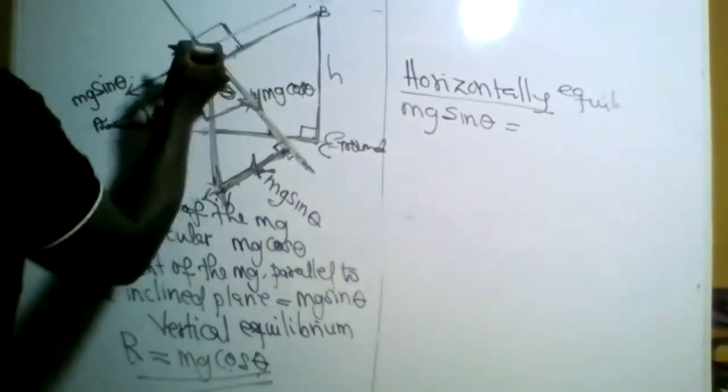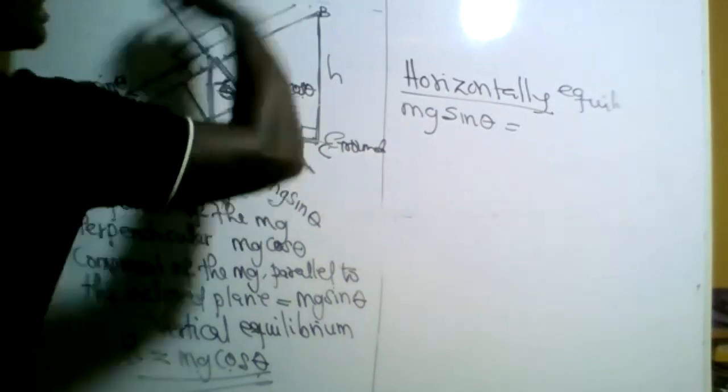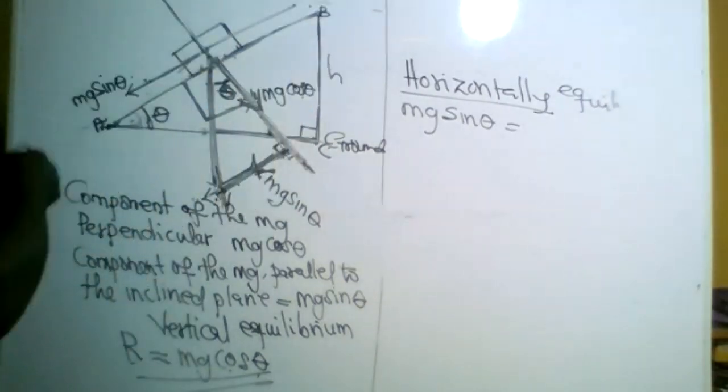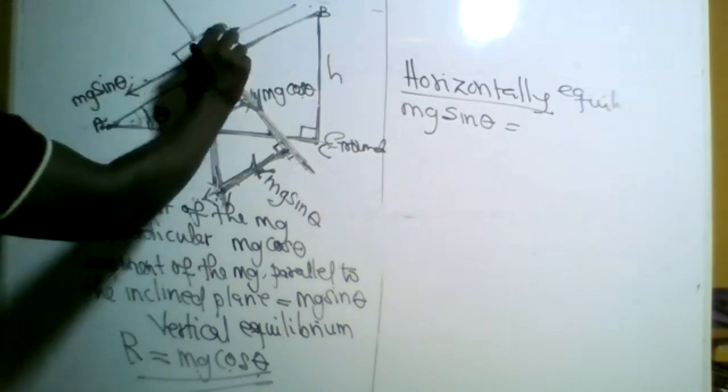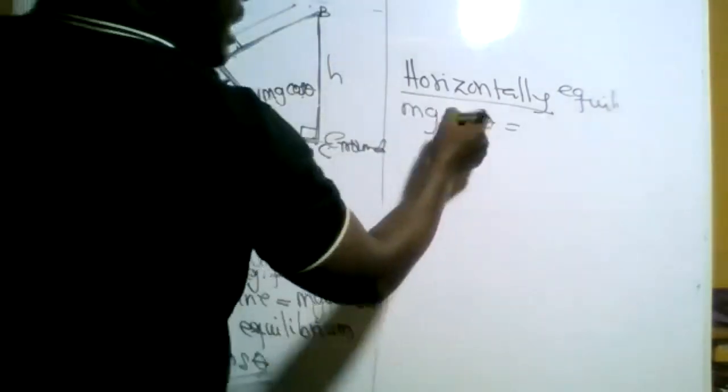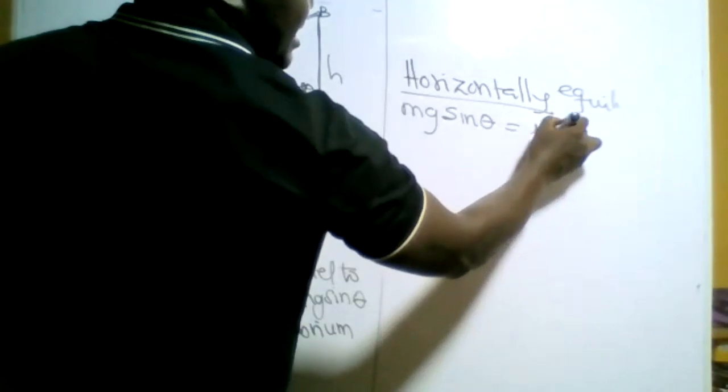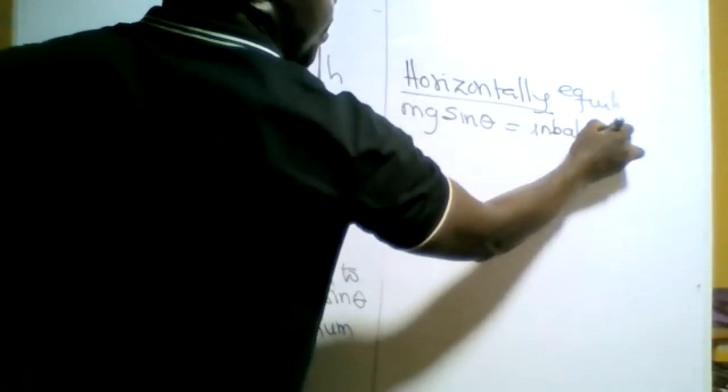We add the other component over here. Mg sine theta is down here, but there are no other forces. So it is unbalanced.